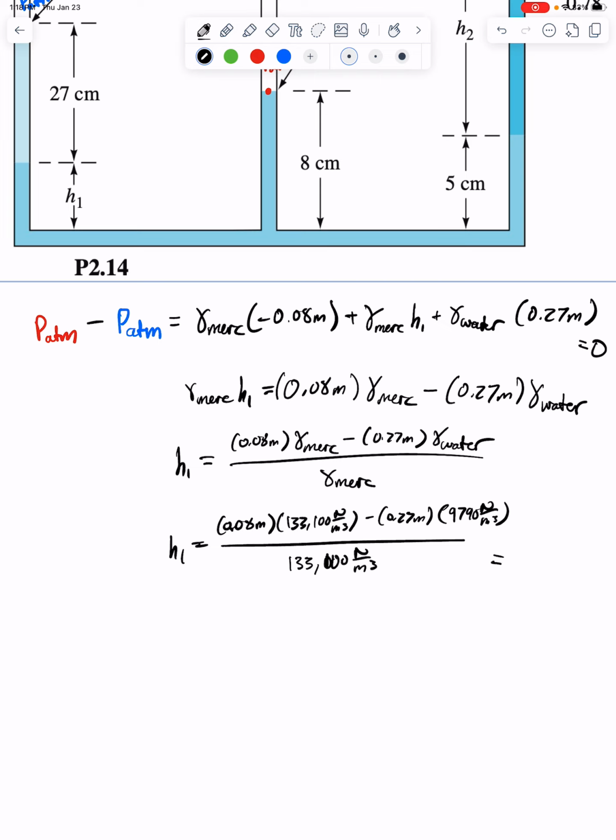And this should get me 0.06 meters, which is 6 centimeters. That's the height H1 for the left column.